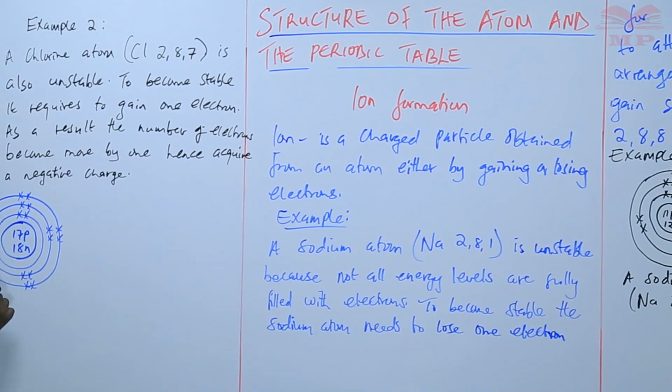So here we have a chlorine atom, Cl 2,8,7.